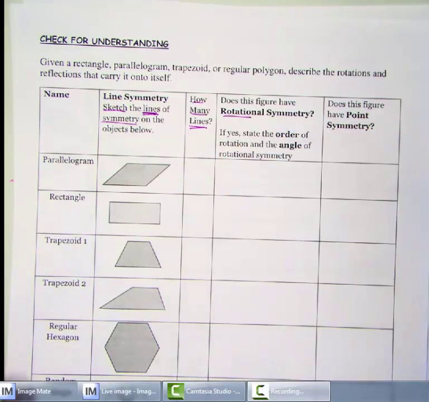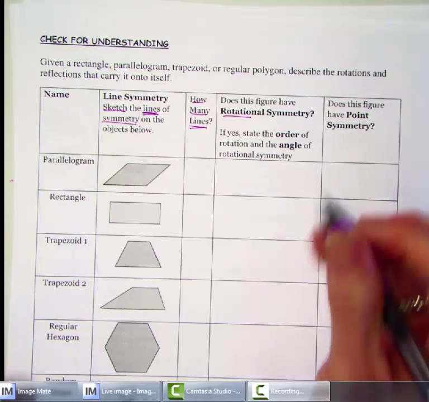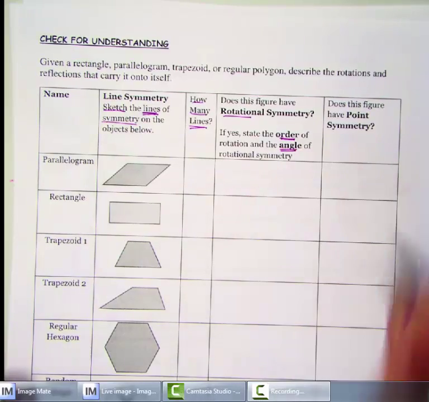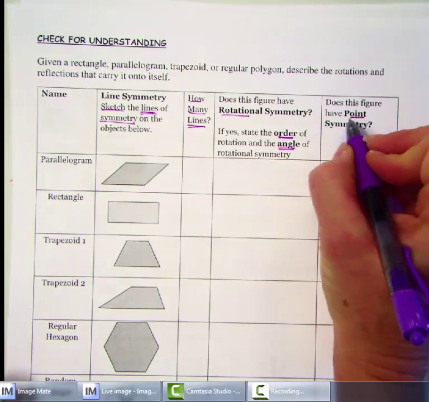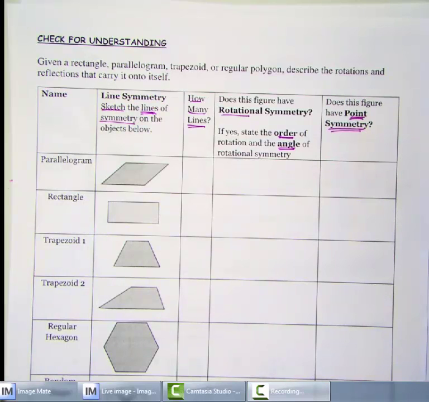Decide if it has rotational symmetry. If yes, state the order and the angle, and then decide if it has point symmetry. When you're finished, you can check your work with your partner, and then you can work on your homework, or you can work on the extra review sheet that you picked up when you walked in the door.